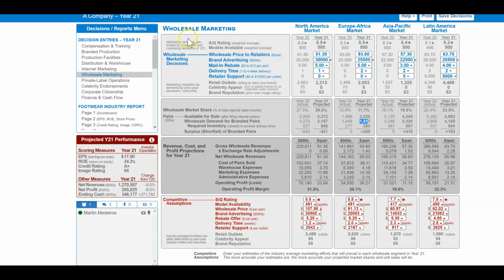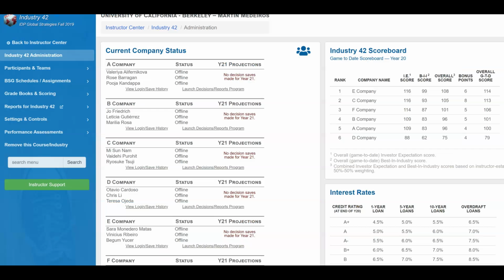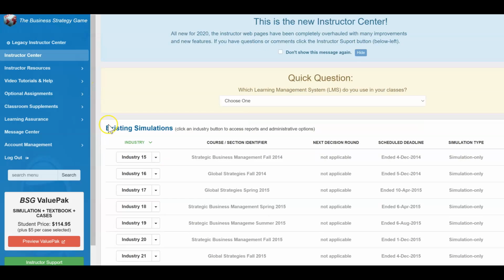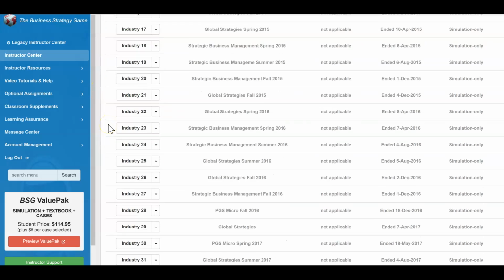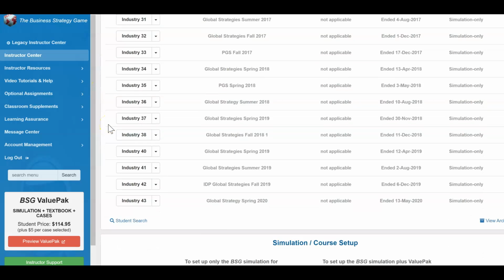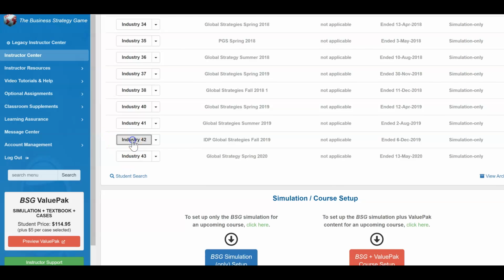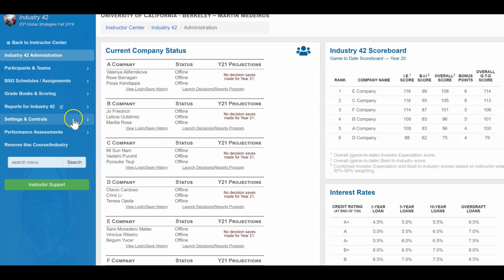And to see how I change those, I got to go to the instructor admin screen. So I'm going to go to the fall industry, and then I'm going to go to, let me just check this out. Okay, it's right here, settings and controls.